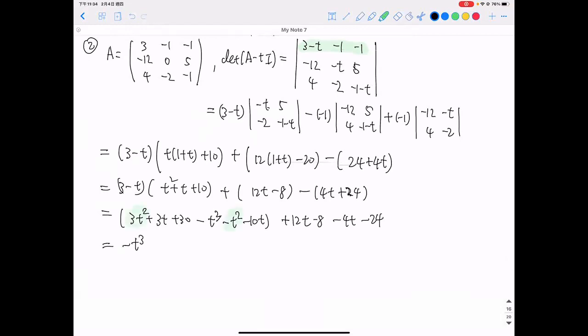Here and there. So that's plus 2t squared. And now for the t term, it's 3t minus 10t plus 12t minus 4t, so plus t. And finally, 30 minus 32, negative 2. Okay.